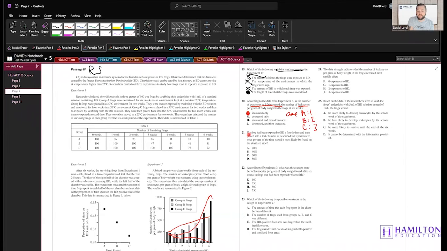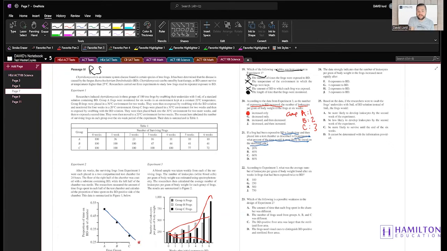Question number 21. If a frog has been exposed to BD a 4th time and then placed into a test tube describing experiment 2, what percent of the time would it most likely be found on the sterilized side? All right, so we saw that for question 20, A was 1, B was 2, C is 3. And looking at experiment 2, I can see it goes A, B, C like this.